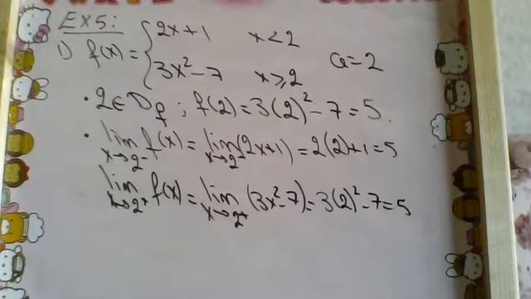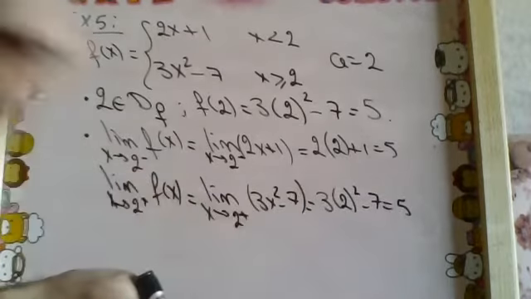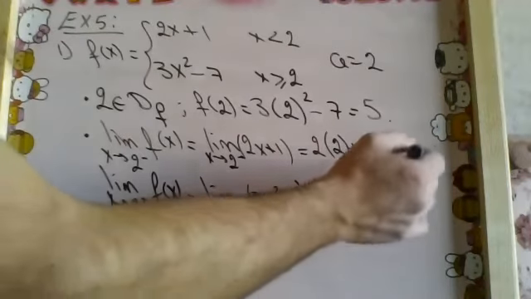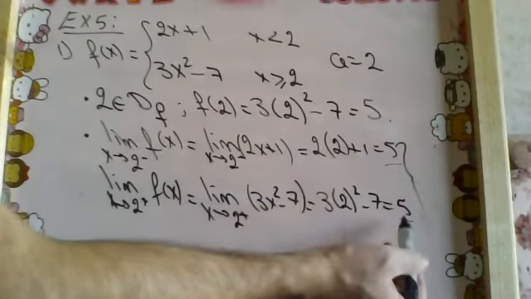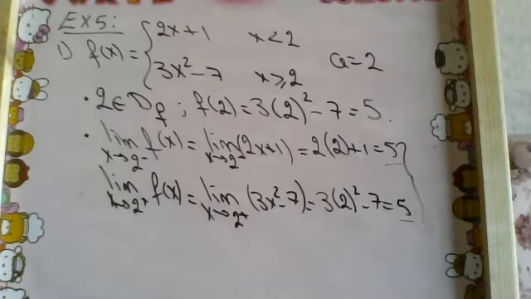Does the limit exist? First of all, the limit exists, because the left side limit and the right side limit are both equal.